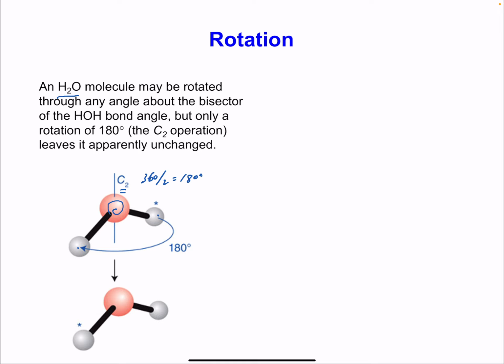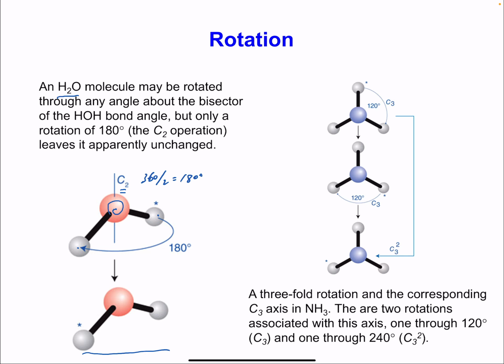That's 360 divided by 2, that's a 180-degree rotation. If you rotate along this blue C2 axis by 180 degrees, you can repeat this water molecule as the same one. So for this molecule you have a C2 rotation.